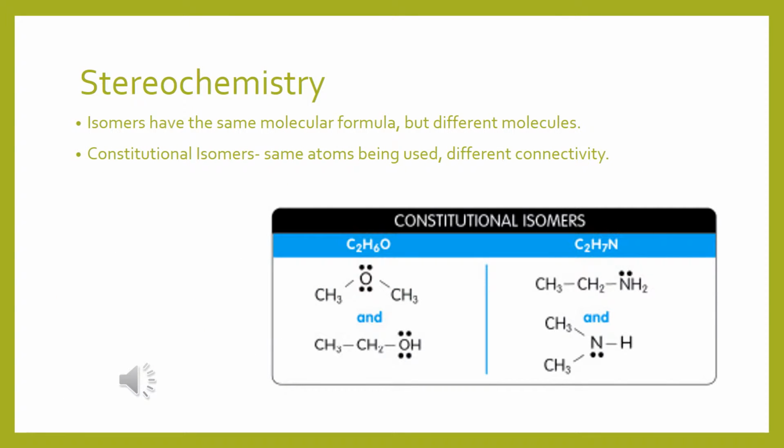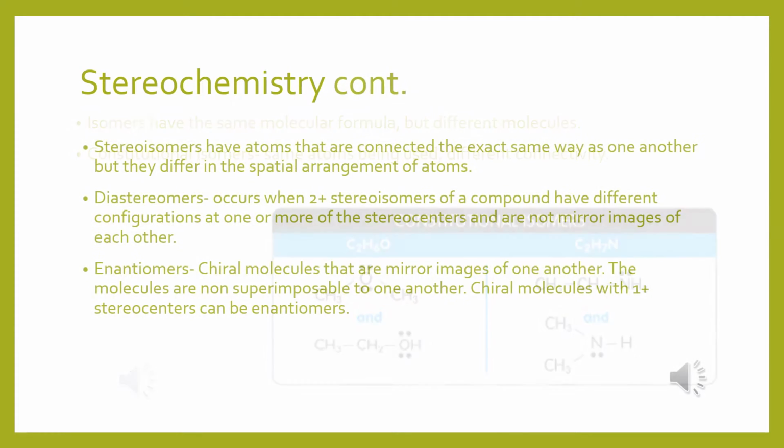Stereochemistry deals with isomers, which have the same molecular formula but different groups attached. Constitutional isomers have the same atoms with a different arrangement and connectivity. Stereoisomers have atoms that are connected the exact same way as one another, but they differ in the spatial arrangement of the atoms.